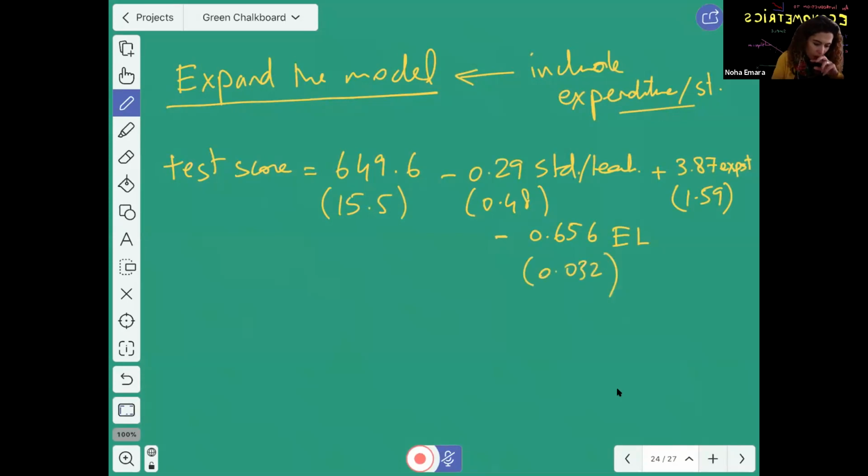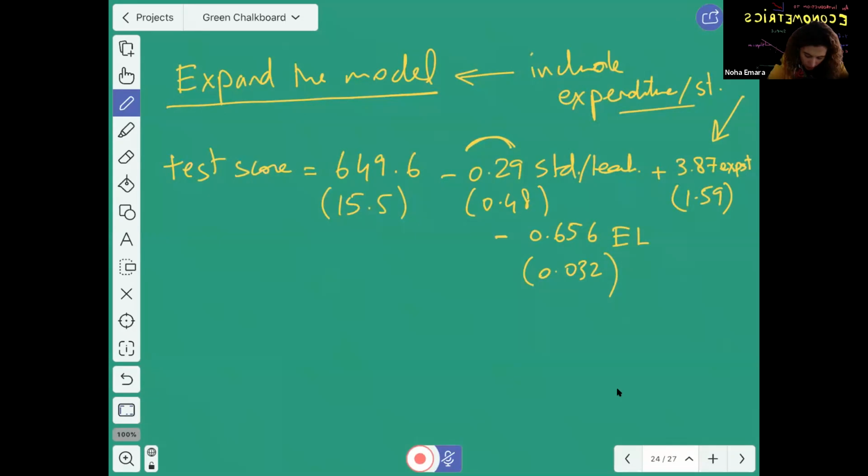So when we have expanded the model, I want you to notice the following. Again, this is very important. Every time I'm adding a new variable to a model that I already had, I need to check what happened to the coefficients that I already had in the model.